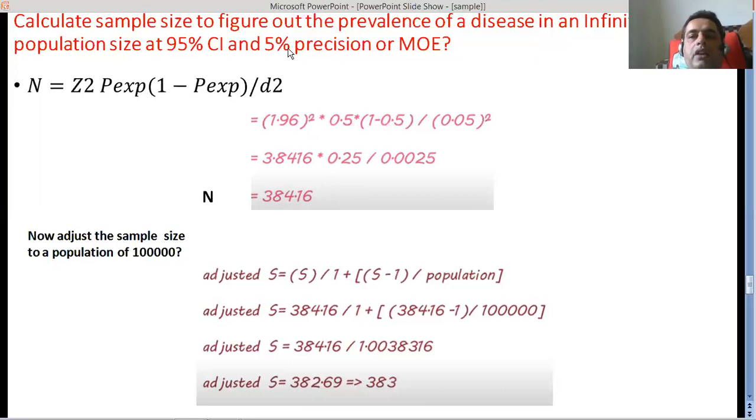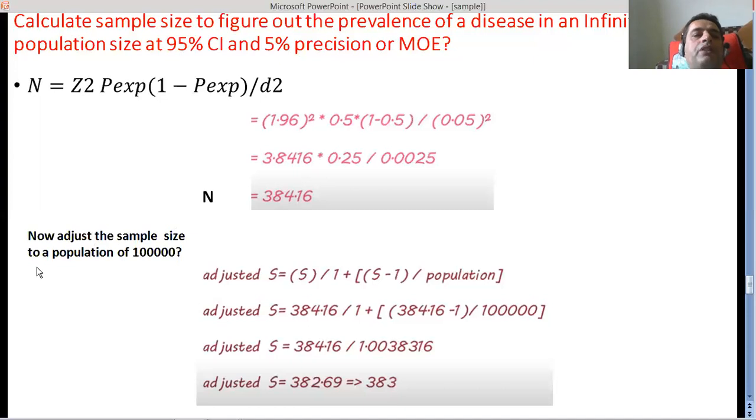As you would go through the previous slides, I have told you why it should be safe in conditions where the disease is prevalent between 10% to 90%. So this is the number of samples needed for prevalence determination of this particular condition.